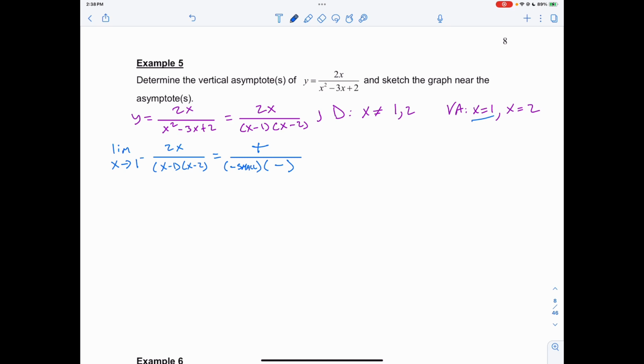When I'm approaching a very small number and I'm dividing out a very small number, then that is going to approach infinity. And because the negative and the negative cancel out here, I'm going to be approaching positive infinity in this case.